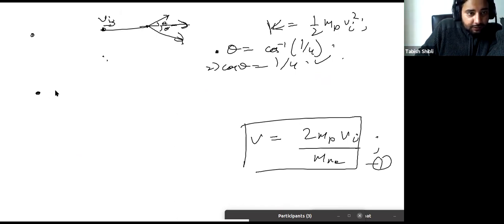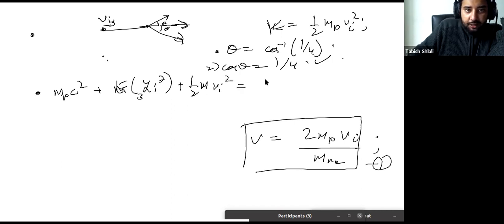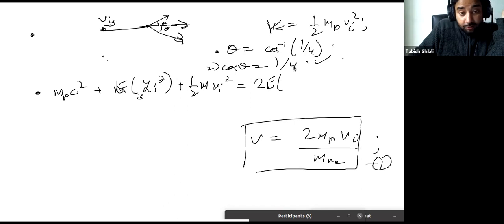You have mp c squared plus the binding energy of the lithium 37 plus kinetic energy, which is just half mp vi squared, which is equal to twice the binding energy, the total energy of the helium, because there are two heliums that are coming out, plus twice the kinetic energy of those. So half m helium times v squared, right?